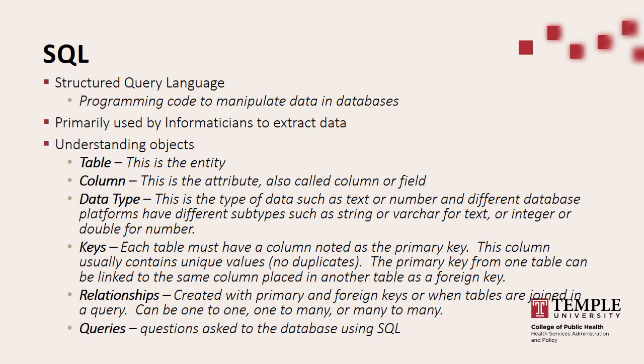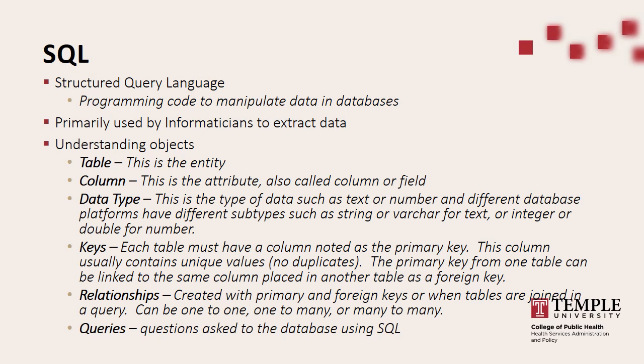Understanding objects, these are the main objects that you should be familiar with by the end of this module. Tables. A table is the same as an entity. So think about customer. A customer table contains information about the customer. Column. This is what we call the attribute, column, or field.